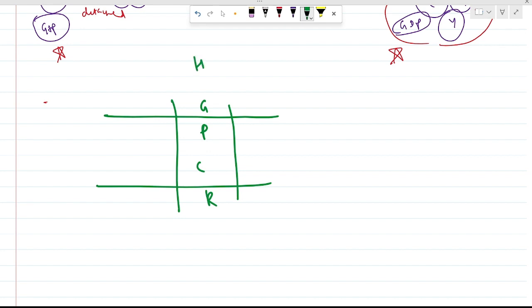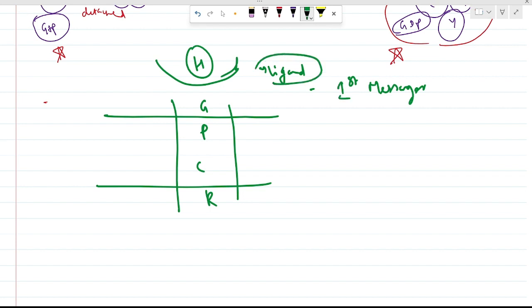This hormone, denoted as H, which is a ligand for the receptor, is considered to be a first messenger.